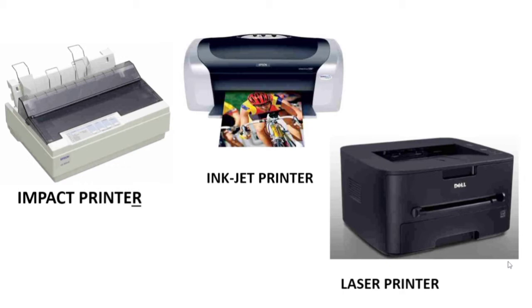Printers are the most common output device to print text or photos. Some printers can print only in black and white, but today almost all printers can print monochrome and color prints.